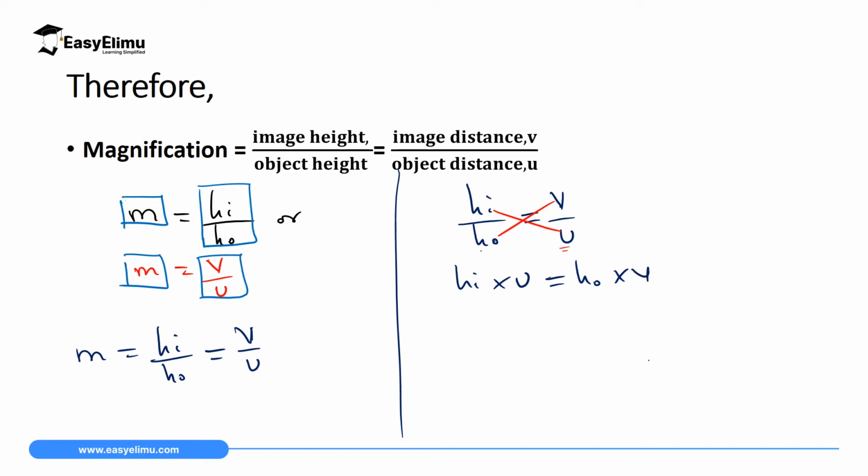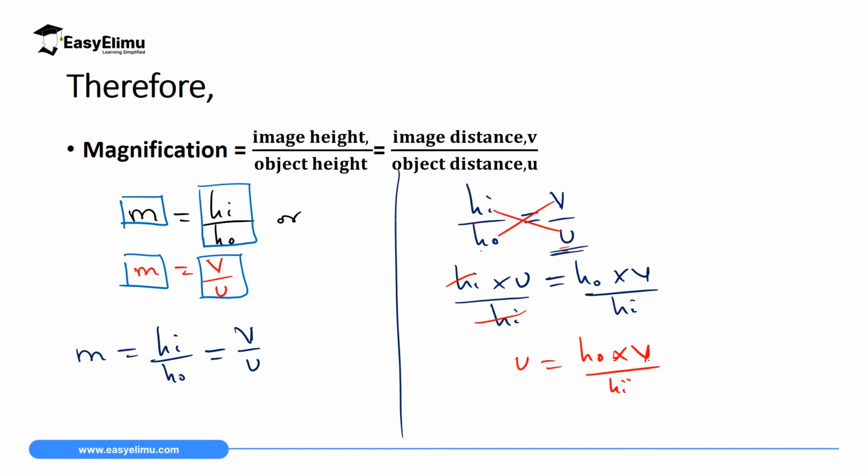So if you need U, then you will divide by HI on both sides. Then this one will cancel. If you need U, now it will be HO times V over HI. So if you are given any of the three quantities, then you can be able to determine the rest.